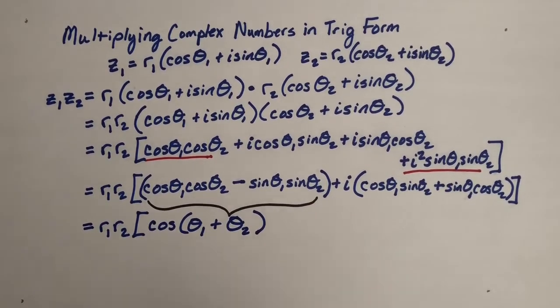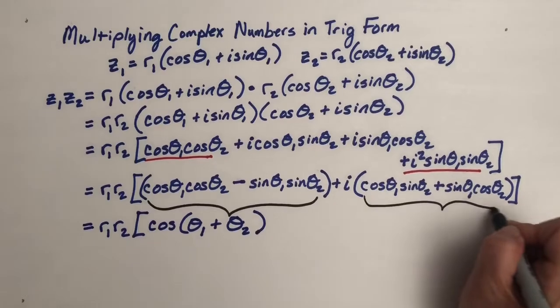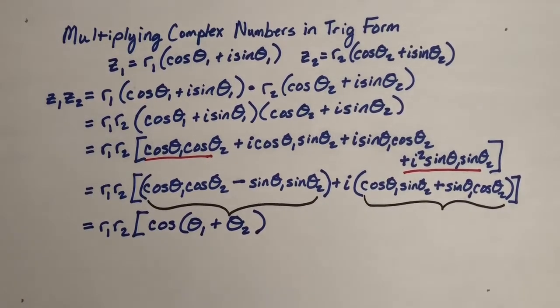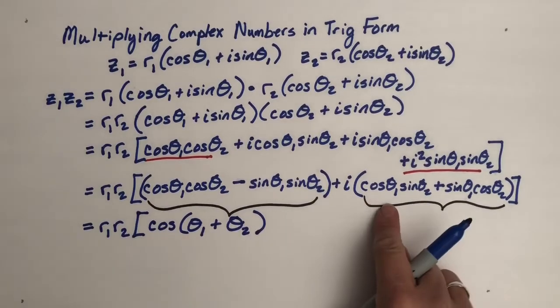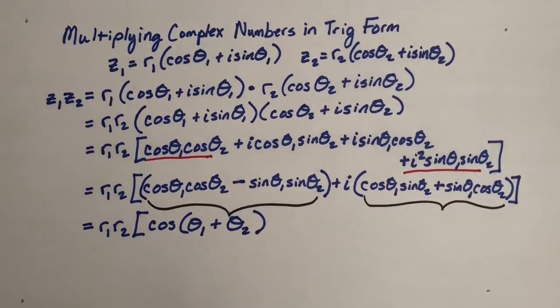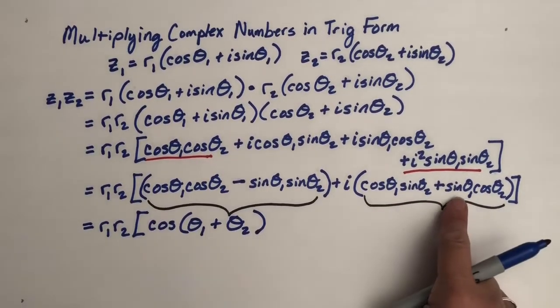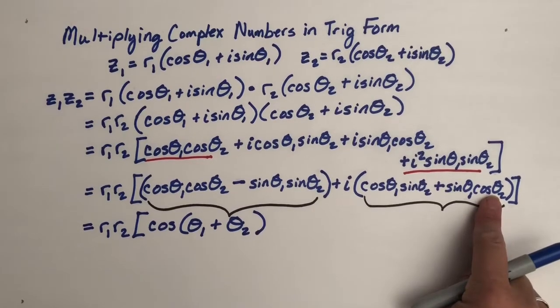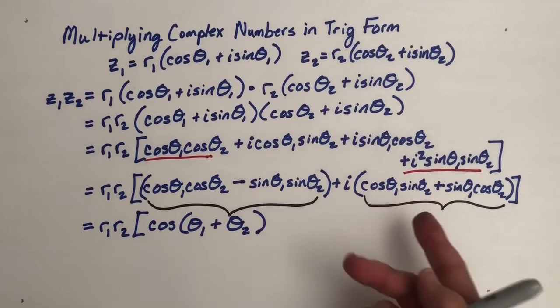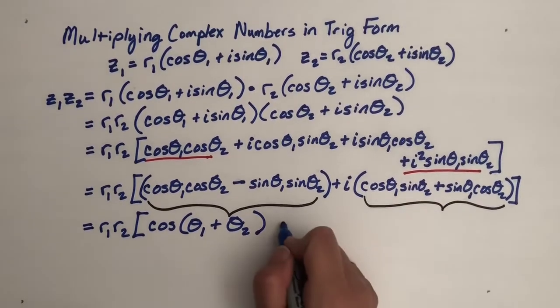Similarly, over here, that should look familiar as well. This is actually the sine of the sum of two angles. Sine of an angle, cosine of an angle, cosine of a second angle, and then the sine and cosines reverse with the other angles.